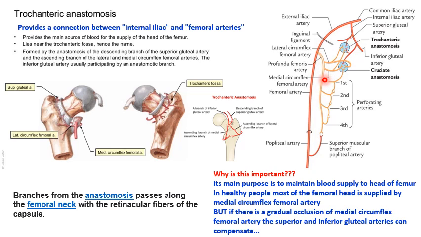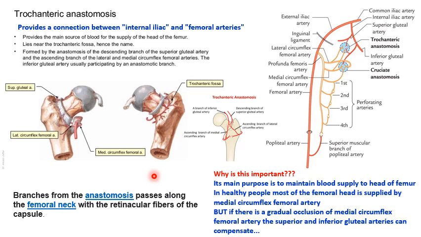From the profunda femoris are the lateral and the medial circumflex femoral arteries. This trochanteric anastomosis is formed by the ascending branches of both lateral and medial circumflex femoral arteries, a descending branch from the superior gluteal and a branch from the inferior gluteal artery.